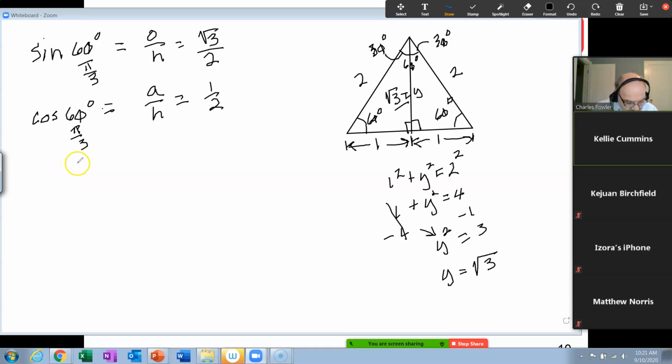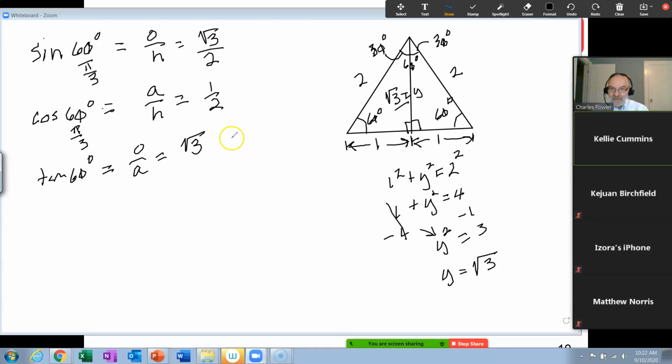Okay. Let's just go on and complete the thing here and do the tangent of 60 degrees. Why not? Tangent is taking oats away. And the opposite was square root of 3. And the adjacent was 1. So it's just square root of 3.